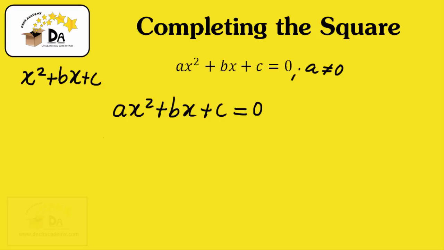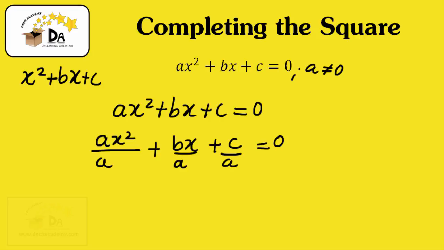Doing so gives ax squared over a plus bx over a plus c over a equals 0 over a. The a over a here is 1, and so you're left with an equation in the form x squared plus b over a x plus c over a equals 0.